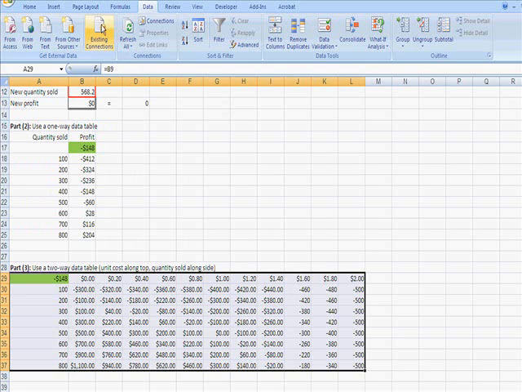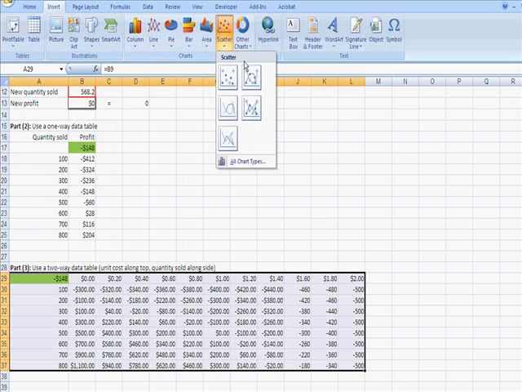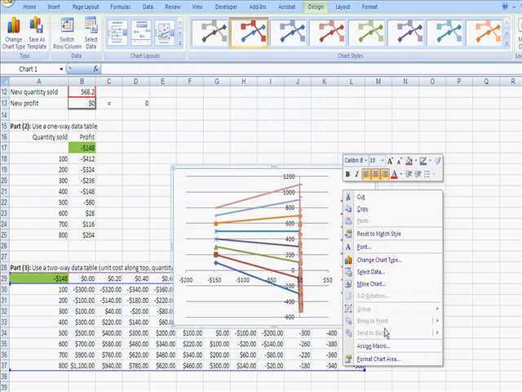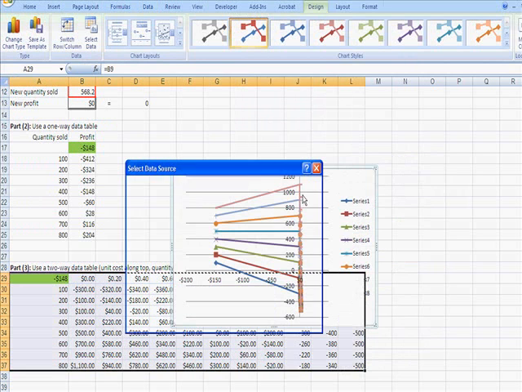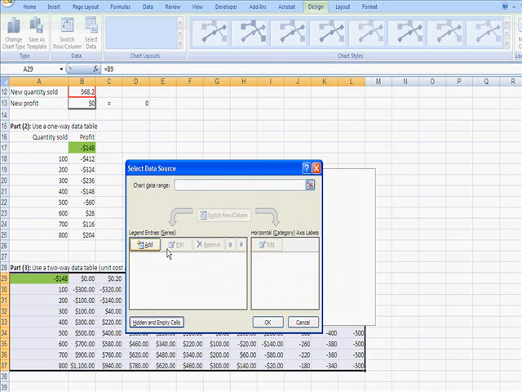And the last thing we want to do is to make a figure, and we can do that by going Insert. We're going to do a scatter plot, and we're going to have the lines connect. And there's always something that pops up that makes no sense. So we do Select Data, and we're just going to remove everything.